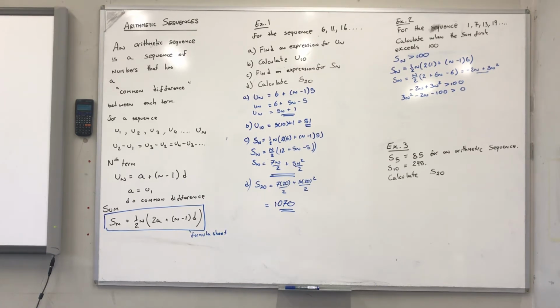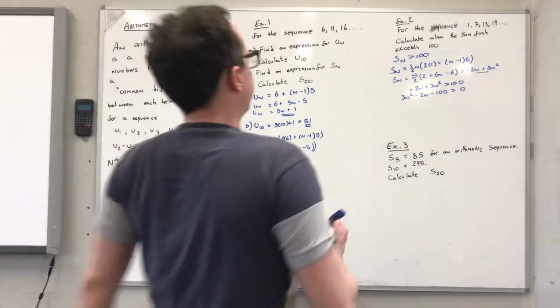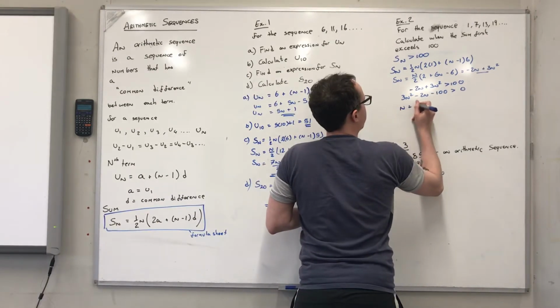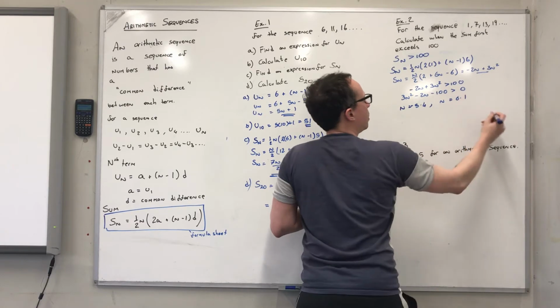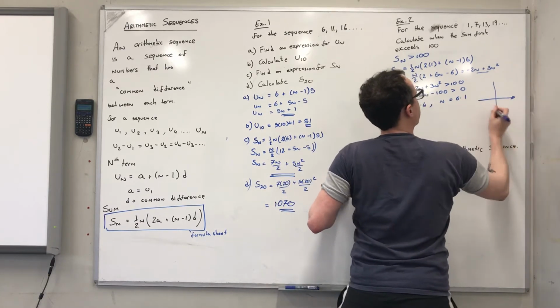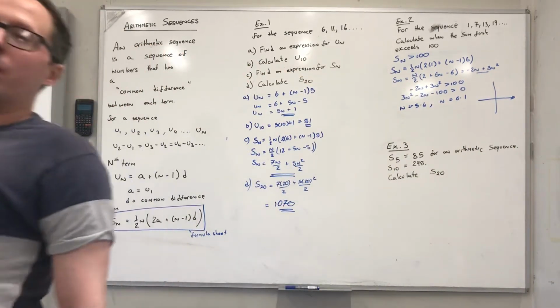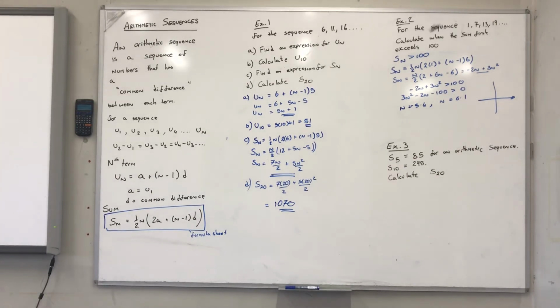However, I'll jump straight to the answers, and we get negative 5.4 and n equal to 6.1. Now we need to think about for what values n actually gives a value greater than 100.